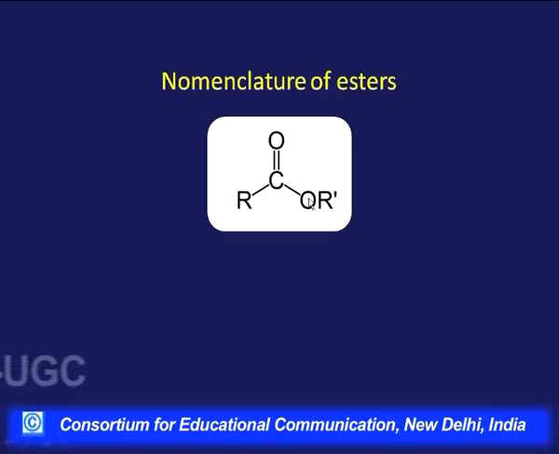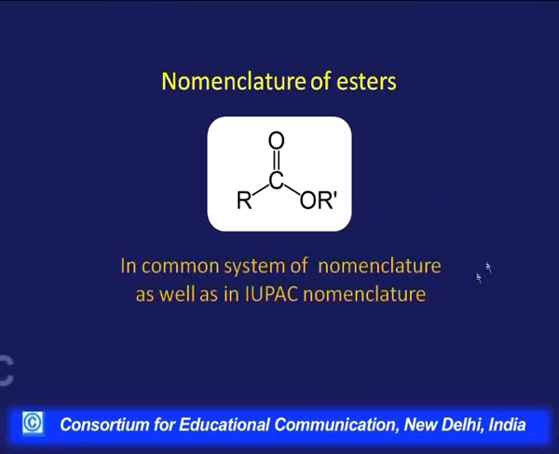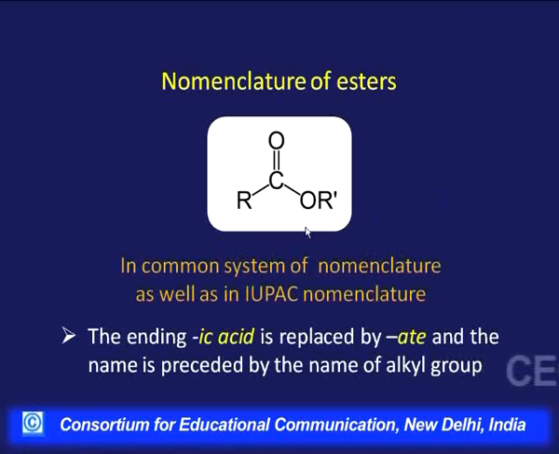Then let us take up esters next. Esters are the compounds where this OH has been replaced by the part from an alcohol or phenol, and in the common system of nomenclature as well as in the IUPAC system, they are named as alkanoate.